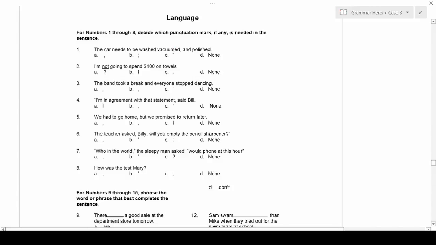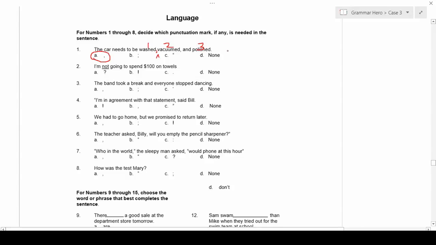So let's get started. Number 1, the car needs to be washed, vacuumed, and polished. For these questions, it's best to pay attention to all the punctuation marks, including the lack thereof, because that's going to give you a clue as to how to go about answering these. In this case, we're missing a comma between washed and vacuumed, and that's because whenever you have a list of things, and in this case you have 3 things in the list, you always separate them with commas.